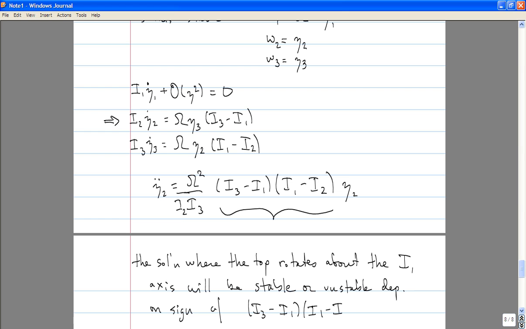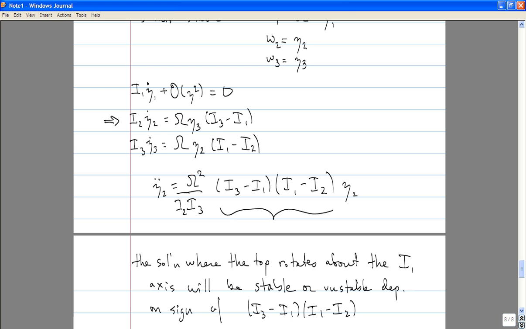If I3 minus I1 times I1 minus I2 is negative, then eta 2 double dot is something negative times eta 2, and that's the equation of motion for a simple harmonic oscillator with real frequency. If I3 minus I1 times I1 minus I2 is positive, then this is the equation of motion for a harmonic oscillator with imaginary frequency, whose solutions grow exponentially in time.